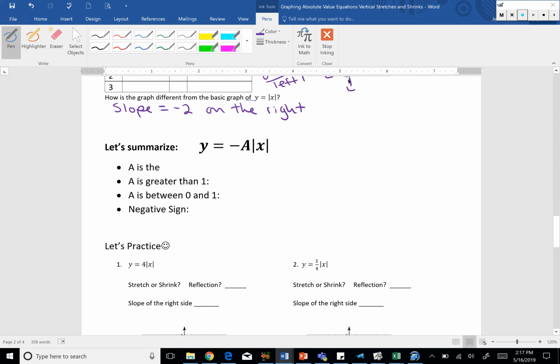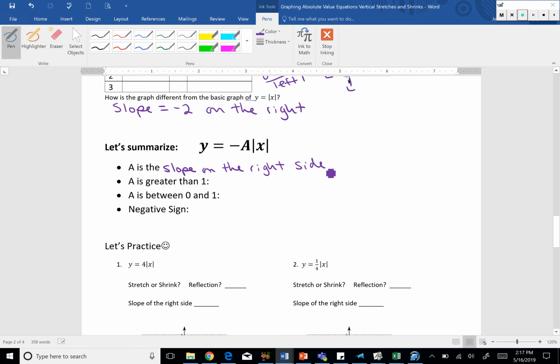Let's pull it all together. I just used a generic capital A. It's in front of the absolute value bars. That's where our number we've been multiplying by has been today. We had a 2, a 3, a 1/2, a 1/3, a -1, and a -2. So that A is the slope on the right side.